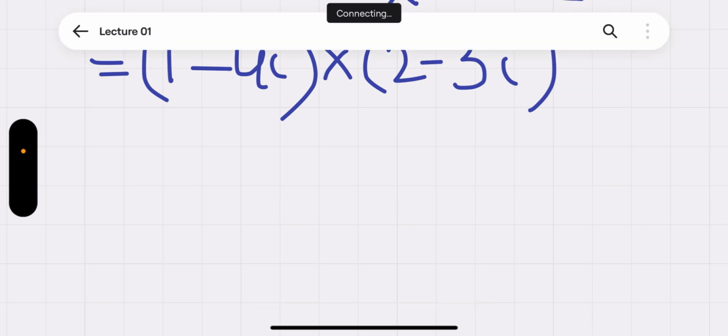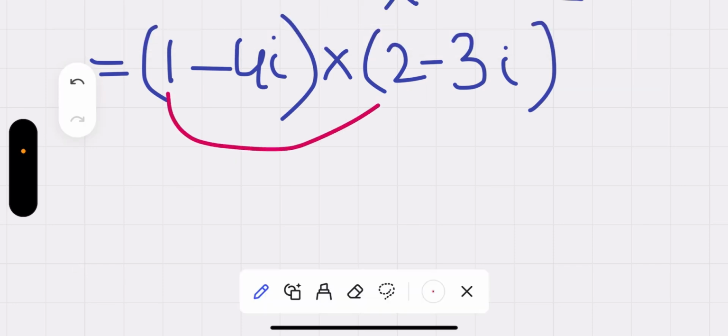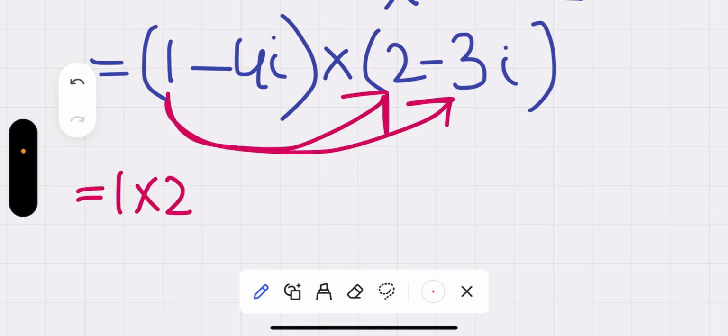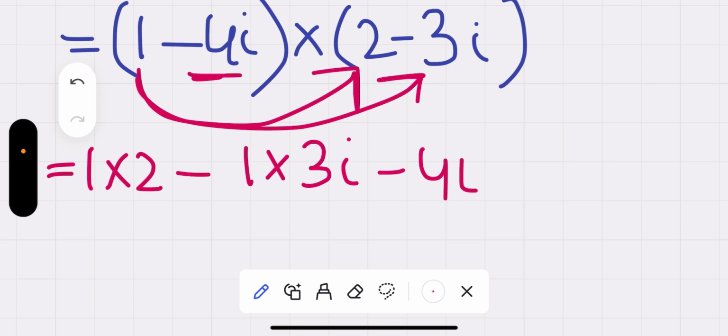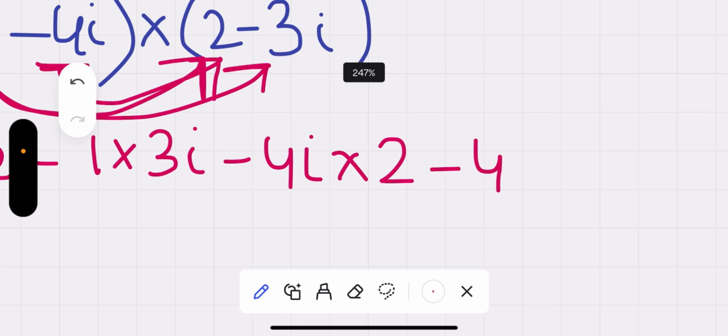This one will be multiplied here with 2, so 1 times 2. This one will be multiplied with negative 3. Positive 1 multiply negative 3 is negative 3 iota. Now this term negative 4 iota, so we will write here negative sign, multiply 2, and again negative 4 iota multiply negative 3 iota.